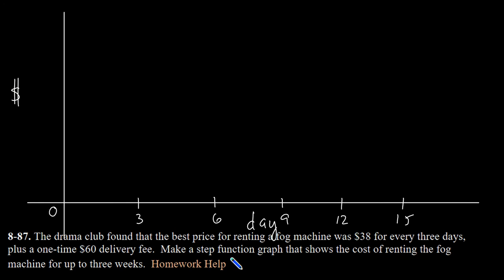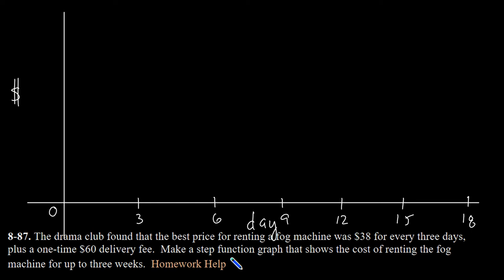What do they say? It says for up to 3 weeks. 3 weeks is 21 days. I'm going to stop at 18. You rebel. And then as far as cost goes, I know that my initial cost is going to be $60 plus 38, so it's really close to $100.